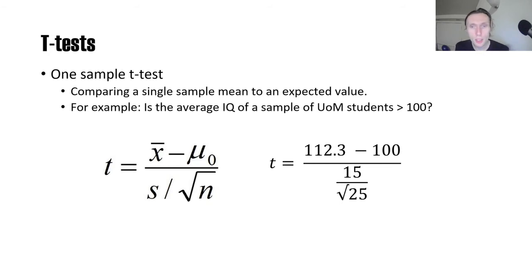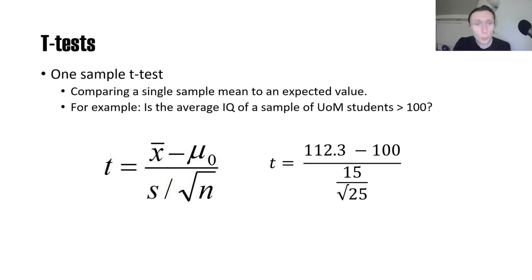The number of observations is easy, it's 25, as I already said. The standard deviation, as I said, you can calculate this. For now, just trust me, I just picked a realistic number of 15. In a real sample you would be able to calculate this.